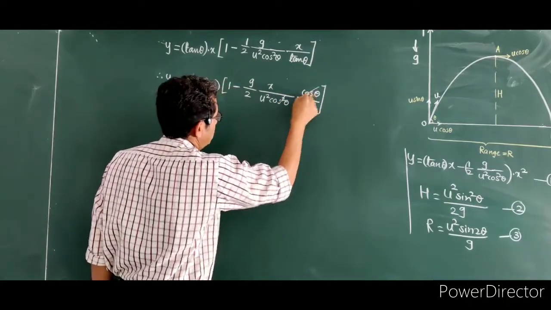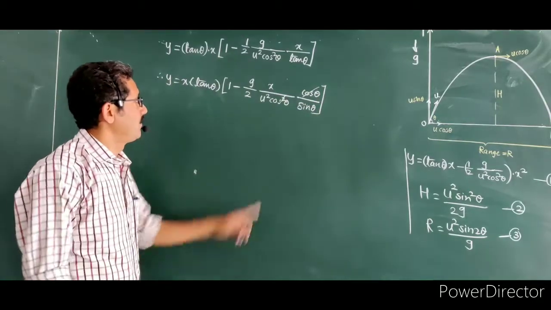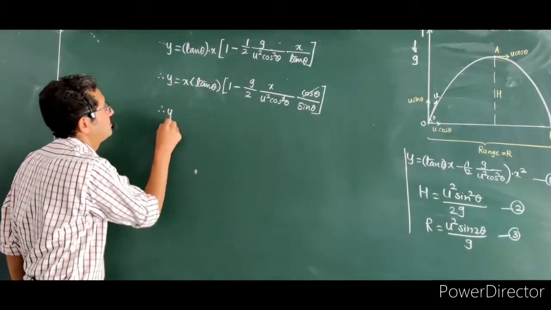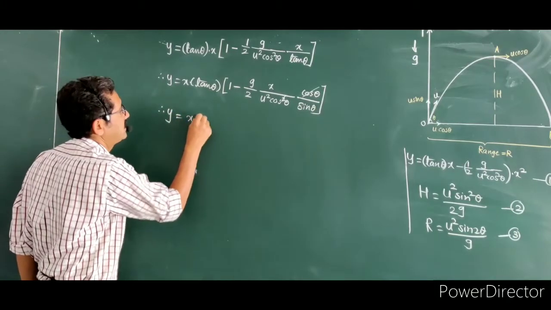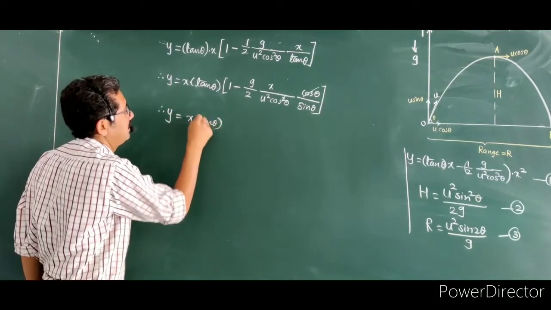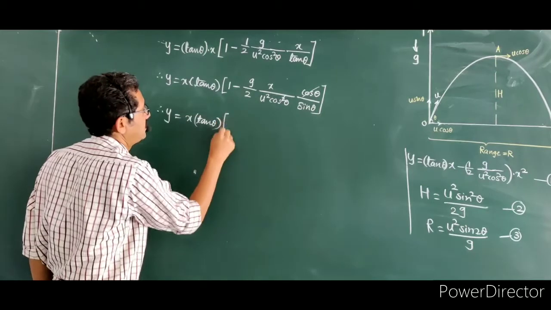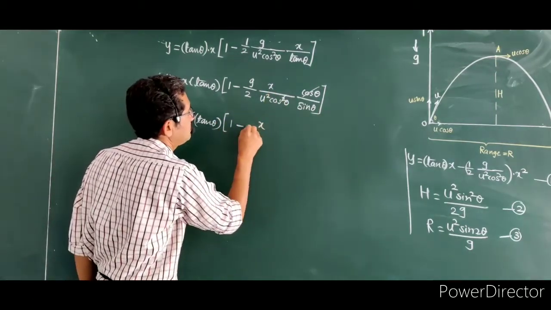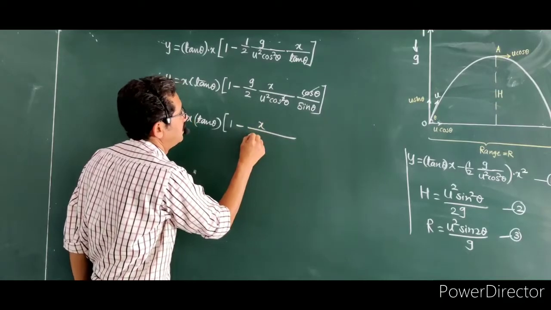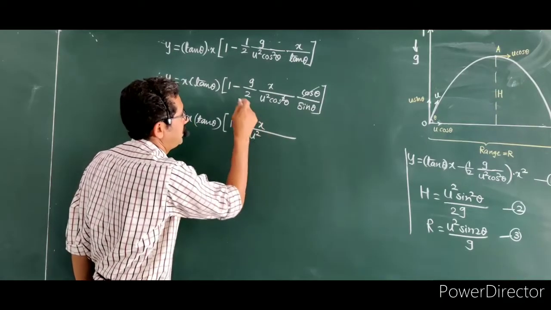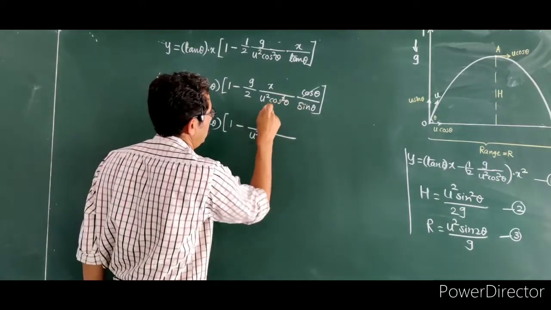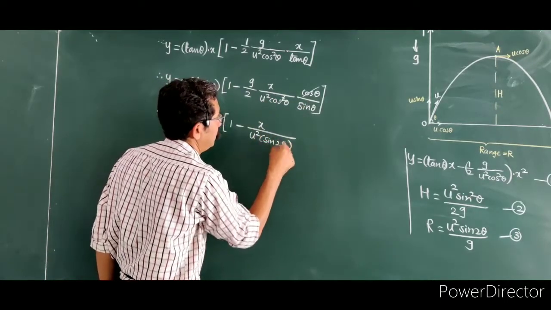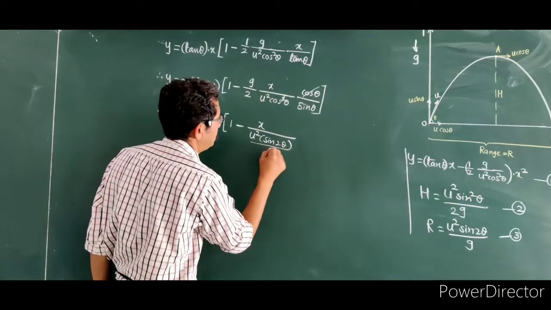One term of cos theta gets cancelled. This g I would further write in the denominator, and it gives me y is equal to x tan of theta inside the bracket 1 minus x divided by u squared multiplied by 2 sin theta cos theta, which is sin of 2 theta, and all this is divided by g.